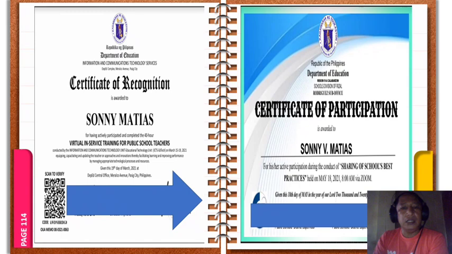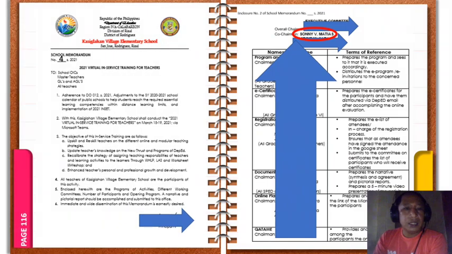mapupuno po. So, then certificate of recognition, virtual in-service training for public school teachers, certificate of participation for his active participation during the conduct of sharing of school best practices. Another, serve as executive committee or committee chairman, co-chairman.